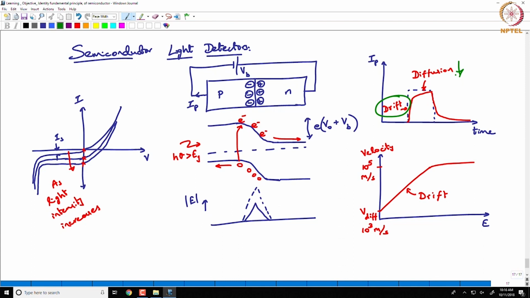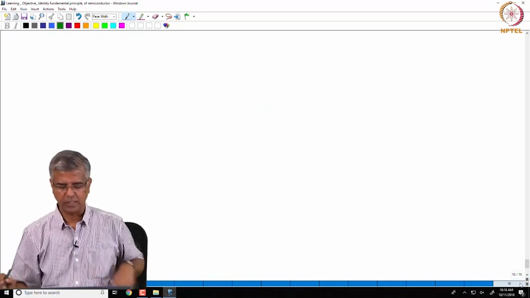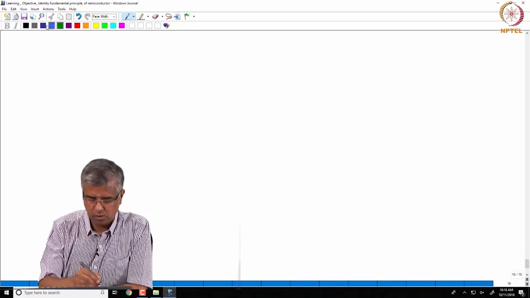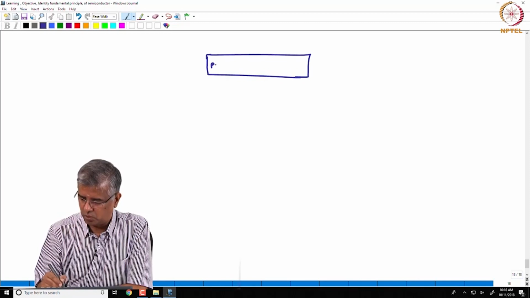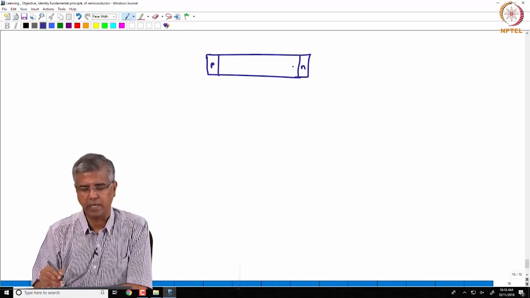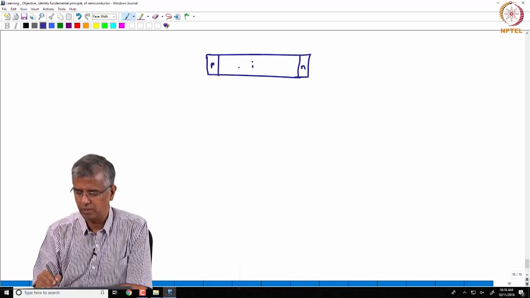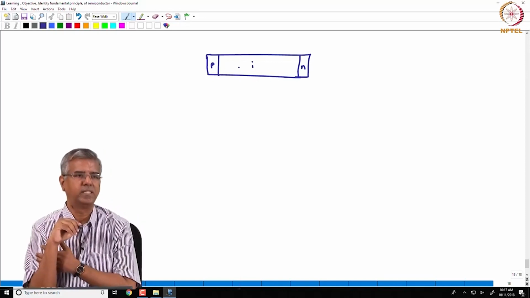Now, it turns out there is a very neat way of accomplishing this. So, you just go for what is called a PIN structure. So, what do you have in a PIN structure? You have your PN regions, and then you have an I region. What does I correspond to? Intrinsic semiconductor.